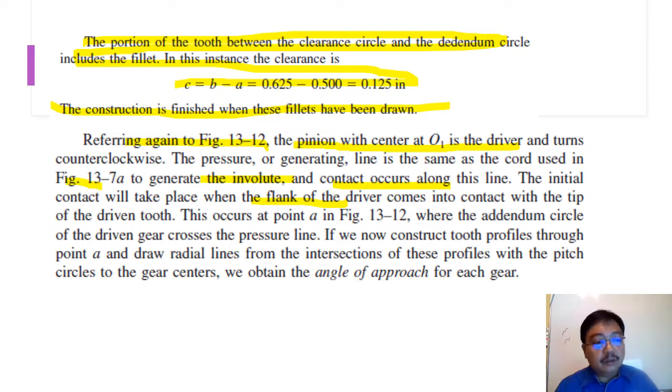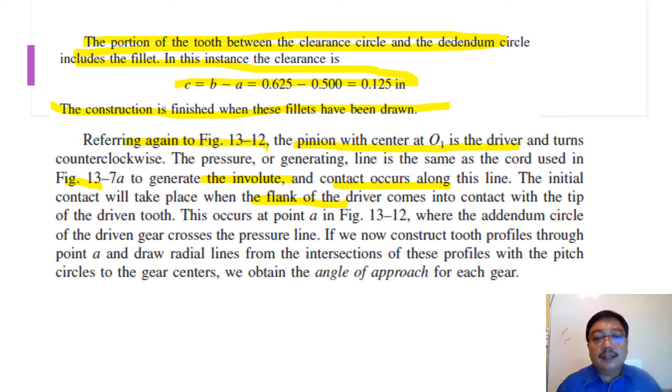Because when I mention the flank, you can see the location of the flank right beside you. So the flank is like the side of the tip. The other gear, the upper gear, the left gear, will contact with the flank first.